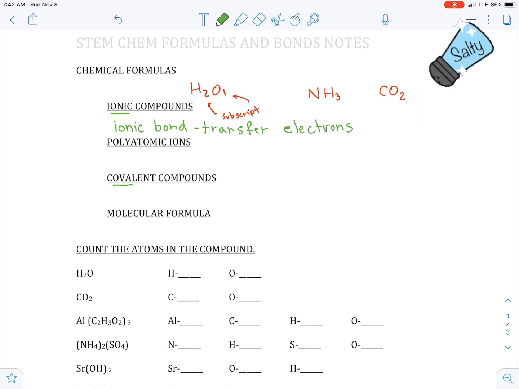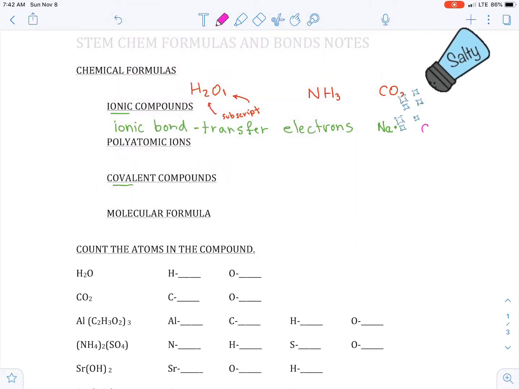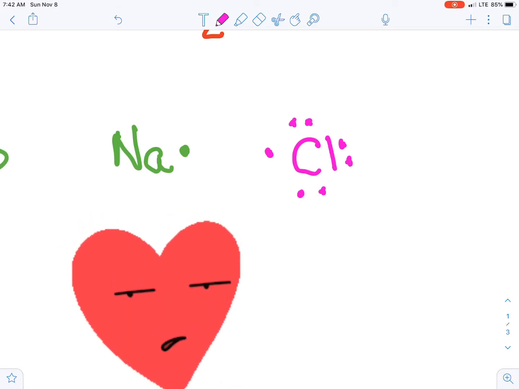Let's do our favorite ionic compound, which would be table salt. Na, and I'm going to draw the electron dot model. Na has 1 electron in its outer shell, if you remember this from a while ago, and Cl has 7. Na is not happy because it has 1 electron in its shell, and it would like to have either 8 or 0.